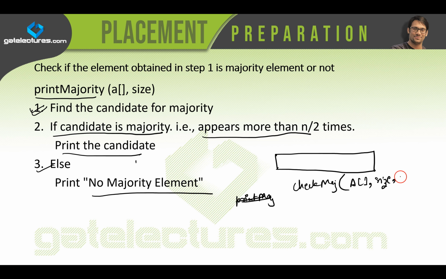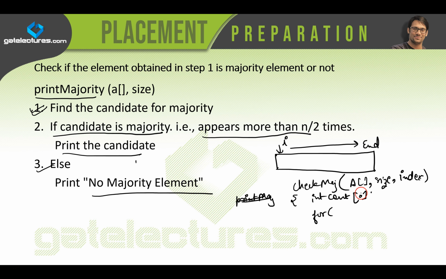So the index of the majority element is, let us say, index. Now we can write a for loop which will start from the first location till the end, and which will count up the total number of appearances of the majority element. So we'll take a variable count, and initially this count variable has the value 0.